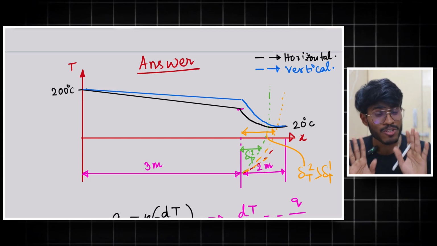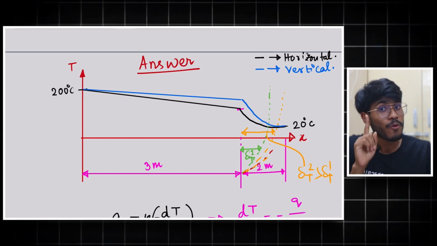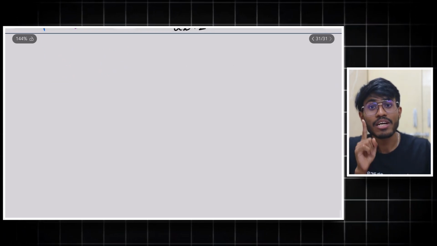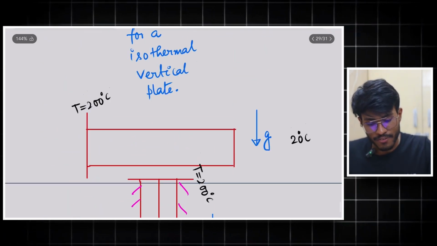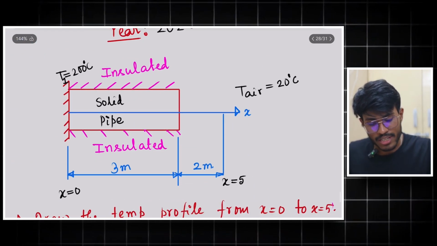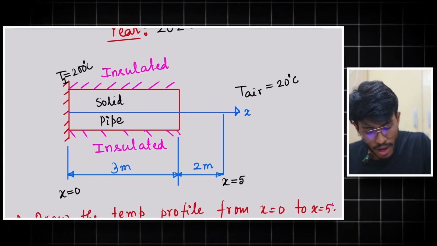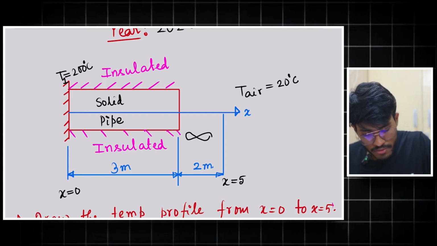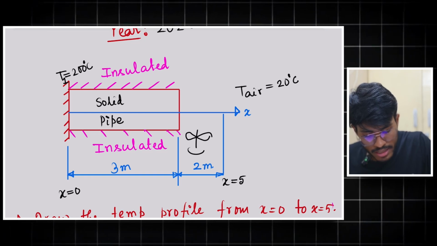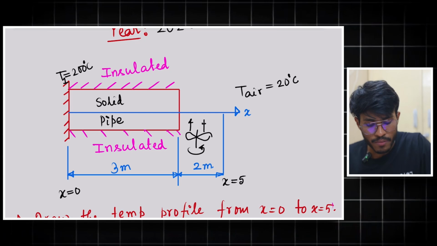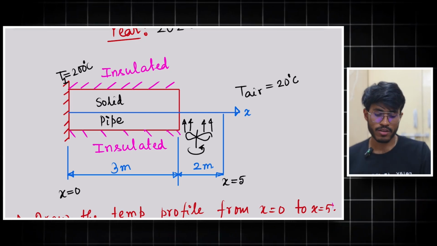Okay. Now one more thing, I want to give you a homework. Now you have to draw the temperature profile for the case, so this is the case, but now I have a fan here. This fan is rotating like this, blowing air in this upward direction.